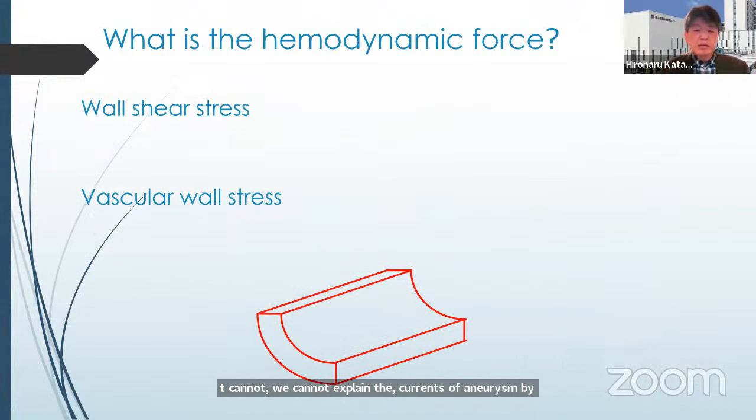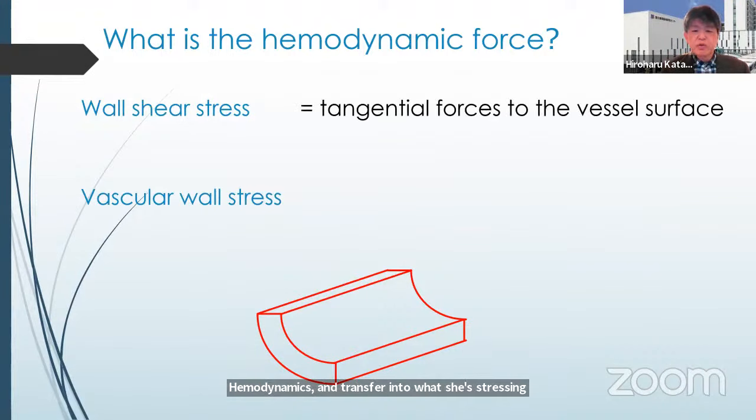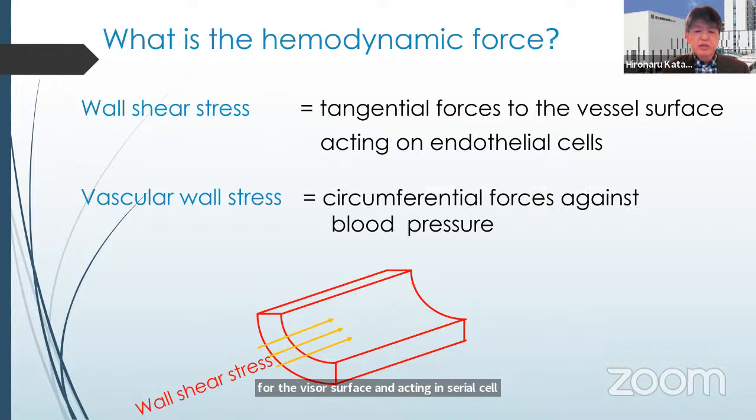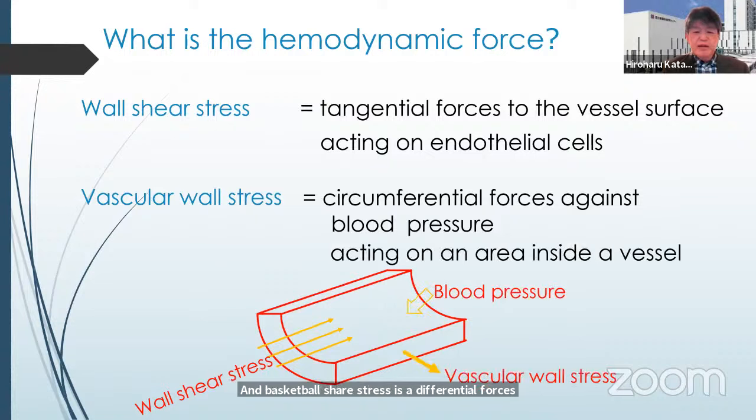Hemodynamic stress is classified into wall shear stress and vascular wall stress. Wall shear stress is a tangential force to the vessel surface, acting on endothelial cells directly. And vascular wall stress is a circumferential force against blood pressure, acting on the area inside a vessel.